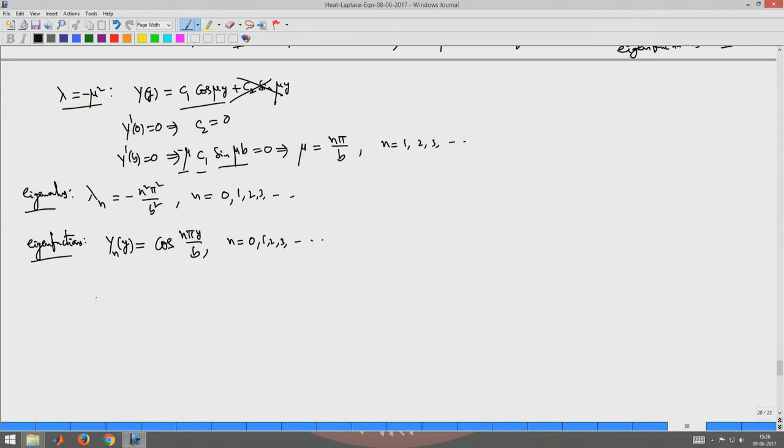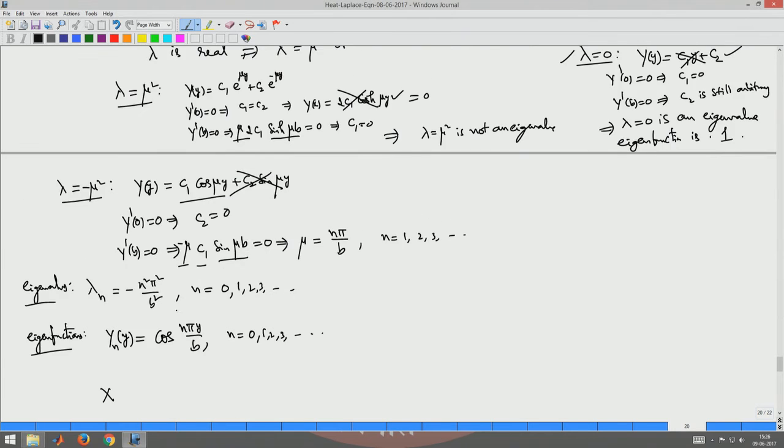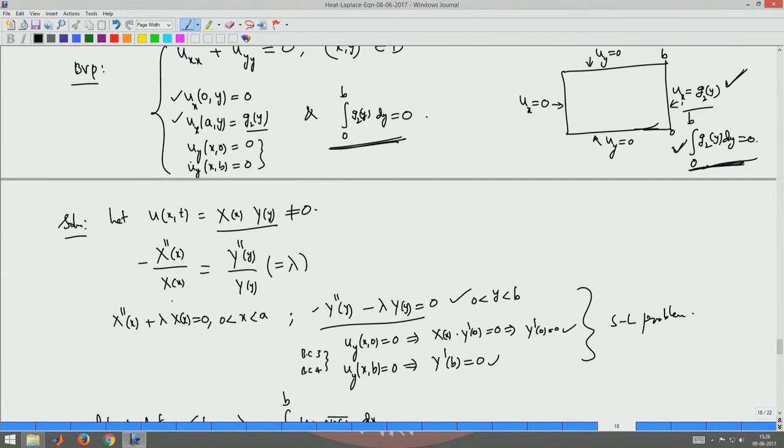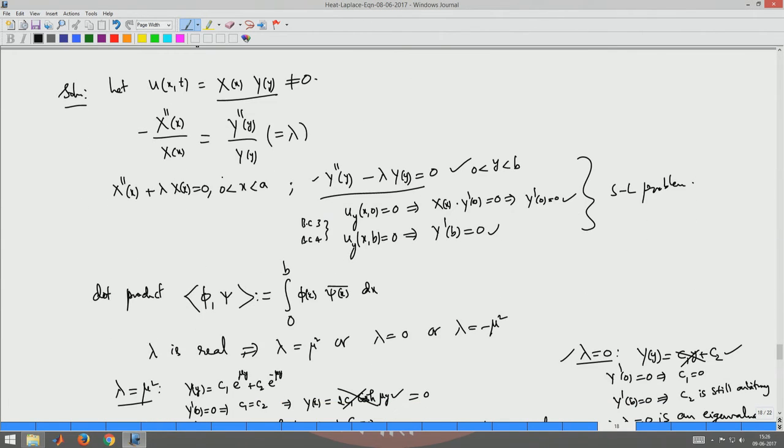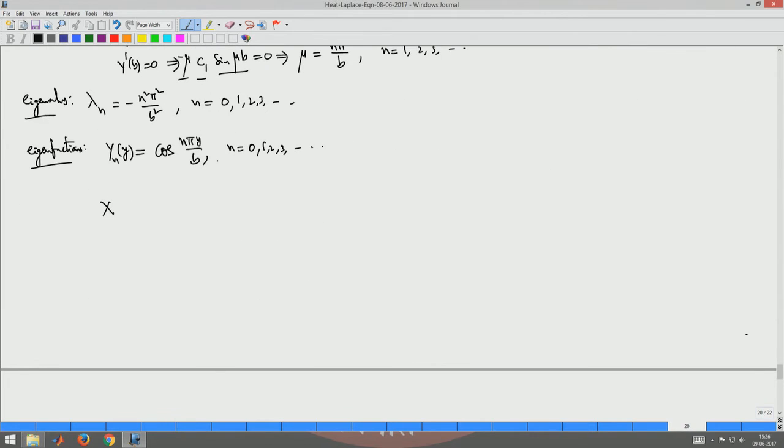Now, you can look at the problem for the x n's. Just look at the x problem, so you do not have to do it the same way. Because you have one zero boundary condition, you can remove one arbitrary constant here itself. So, how do we do this? Consider x double dash of x plus lambda x of x.